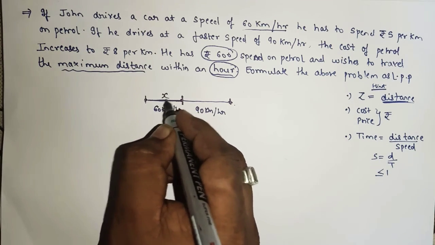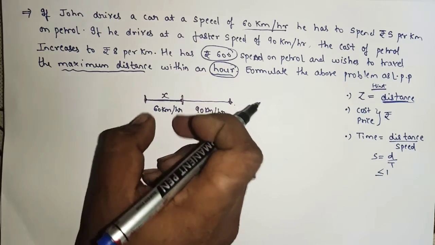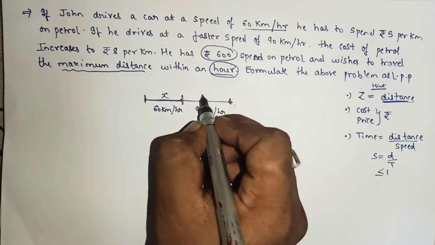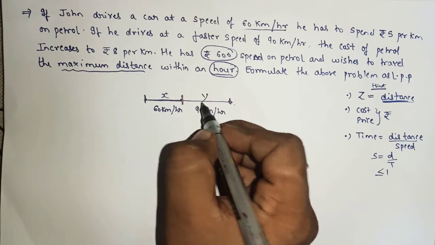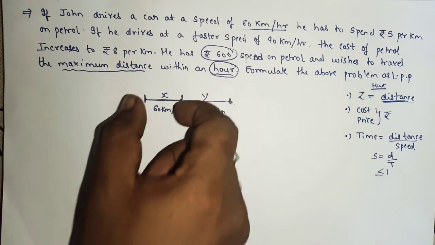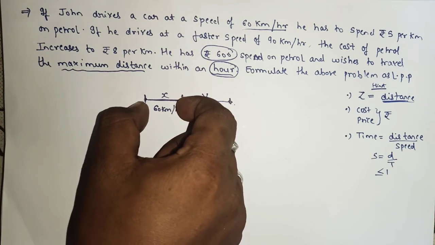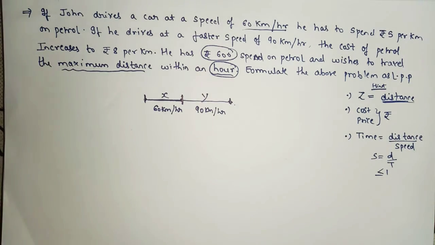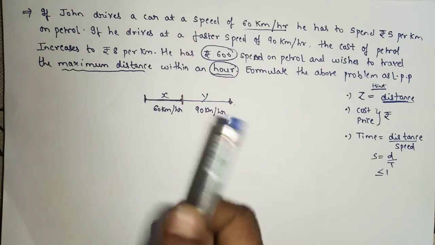So this distance we will consider as x, and we don't know how much distance he had covered at a speed of 90 km per hour. Yes or no? So we'll consider this distance as x and this distance as y because we don't know.